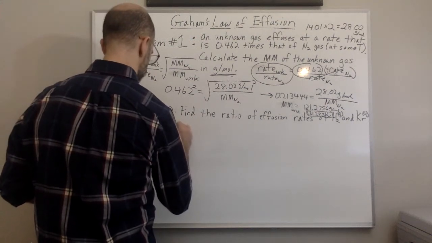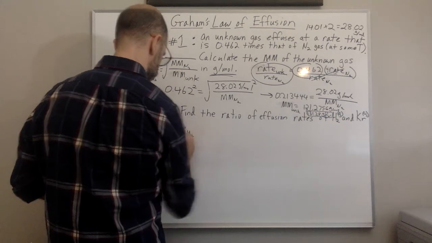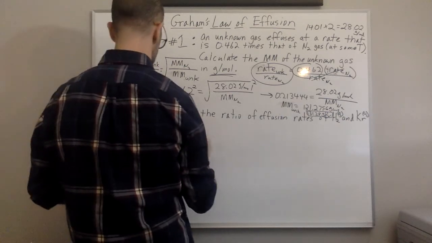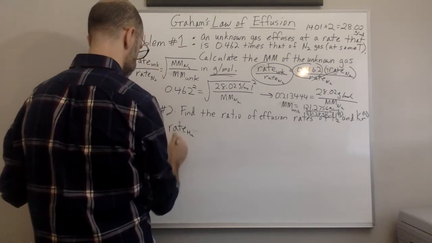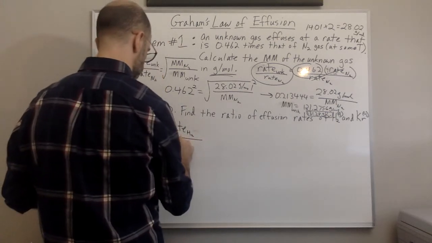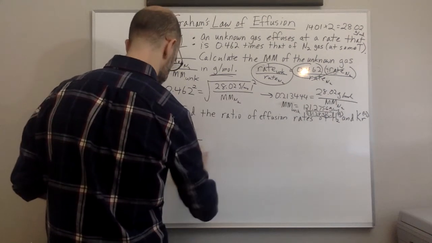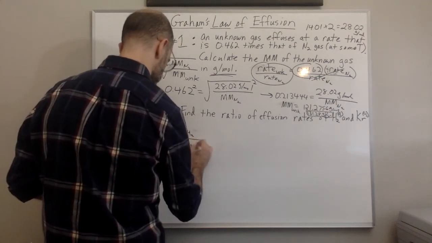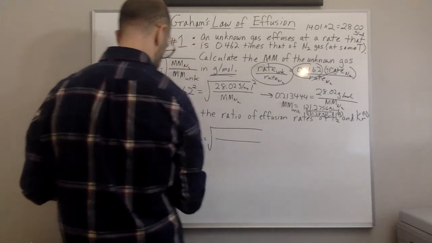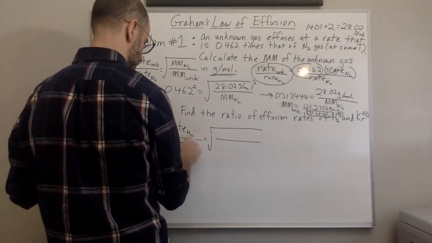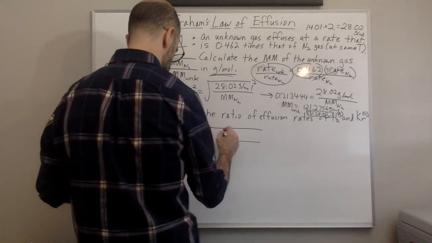So here we have the ratio of the rate, so rate of hydrogen, H2, over the rate of Kr, is going to be equal to the square root of their molar masses, but the molar masses are going to be the reciprocal.